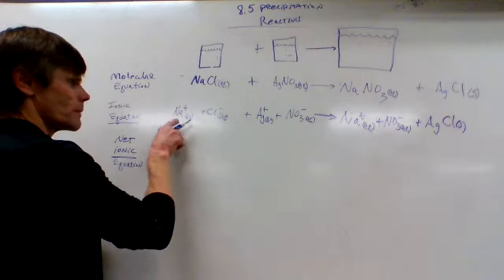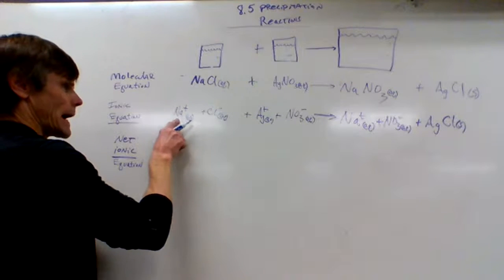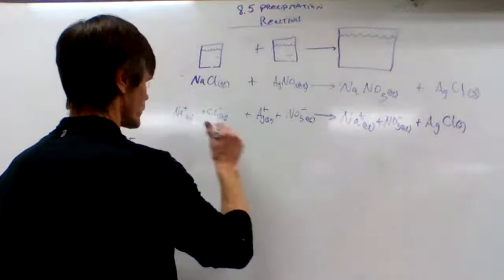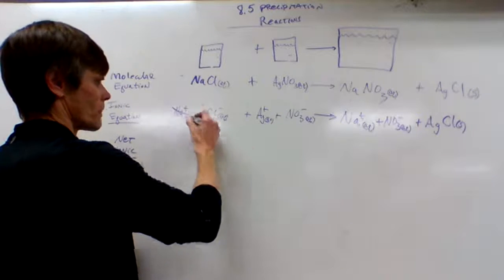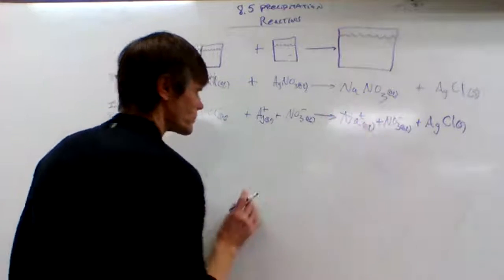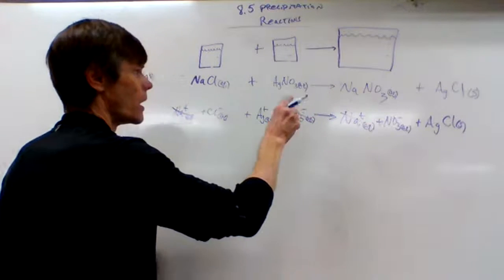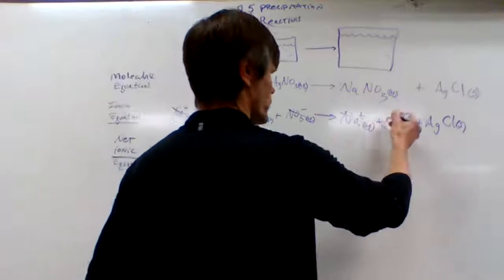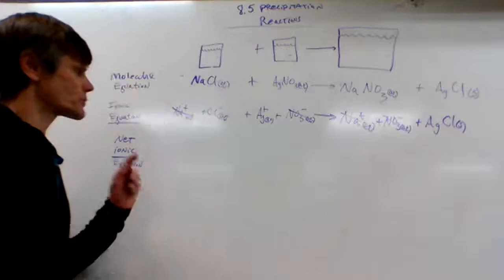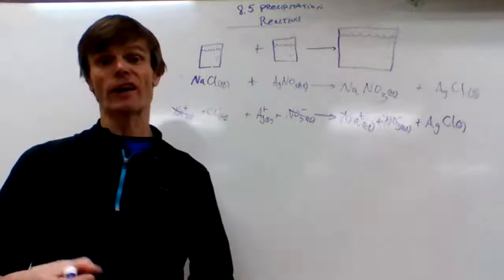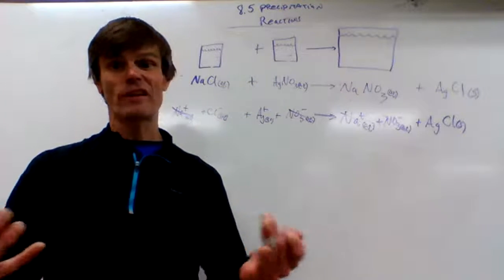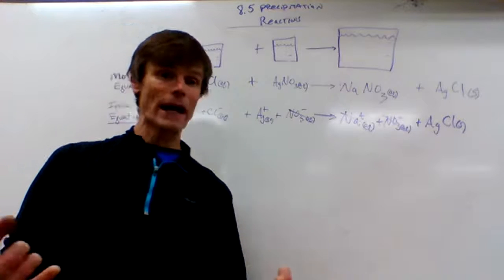Notice sodium is an ion on the reactant and product side. Nitrate is an ion on our reactant and product side. Those sodium and nitrate ions are our spectator ions. They don't participate in any chemical reaction.